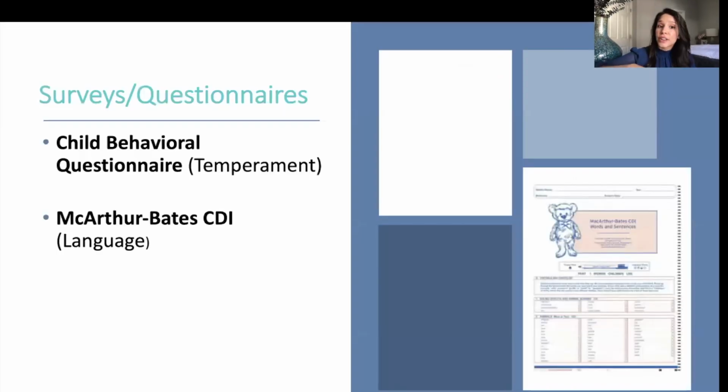So the other method that is common when studying child development is using surveys or questionnaires. Surveys and questionnaires are really useful whenever you want to measure things like temperament or language. A lot of the times these surveys are given to parents to fill out, and sometimes they are given to children. What's really important to note is that these surveys and questionnaires that we use in child development have been tested to make sure that they are valid, meaning that we are actually measuring what we want to measure.